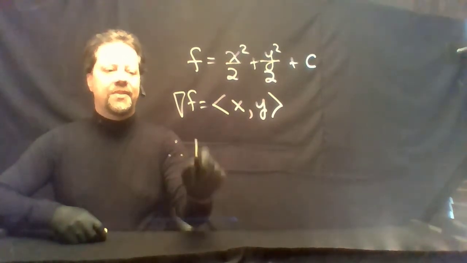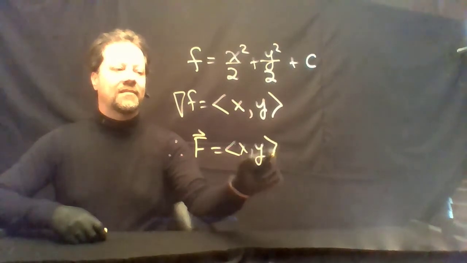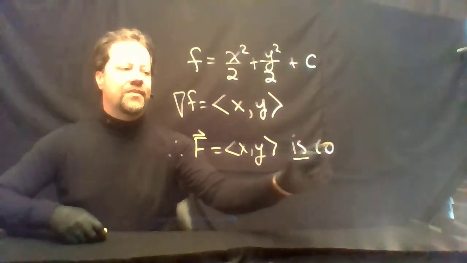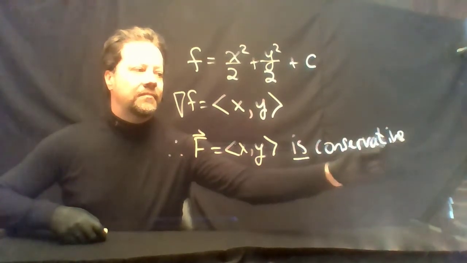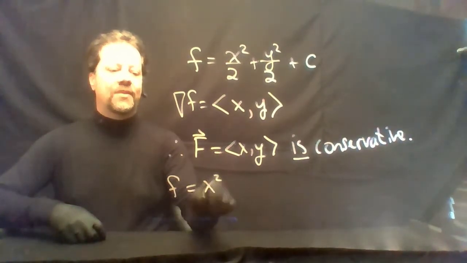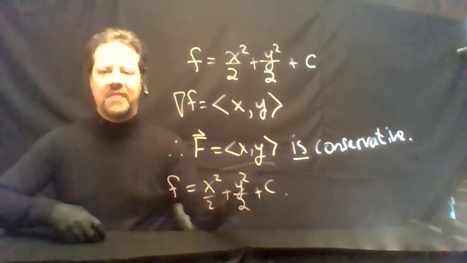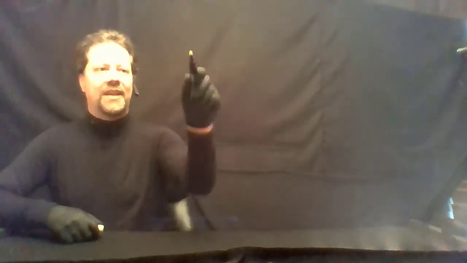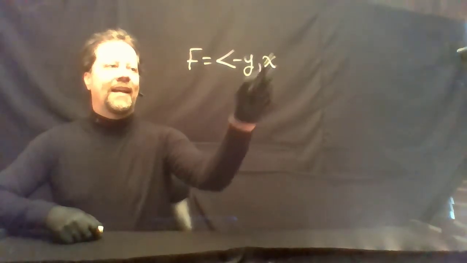We deduce then that the vector field (x, y) is conservative. The potential function is x squared over 2 plus y squared over 2 plus any constant. Now let's examine the second prototype, (-y, x).